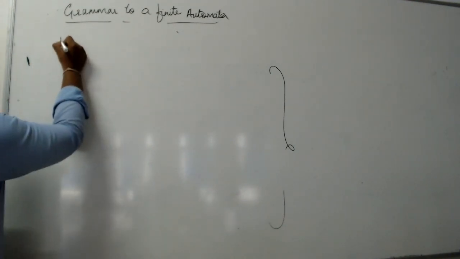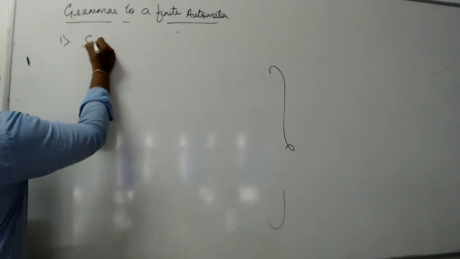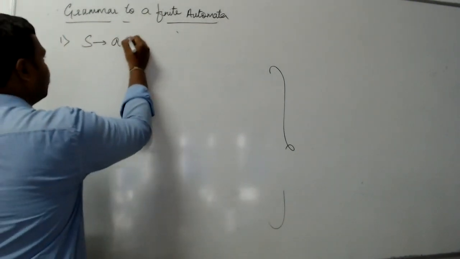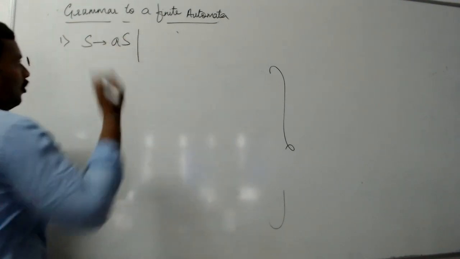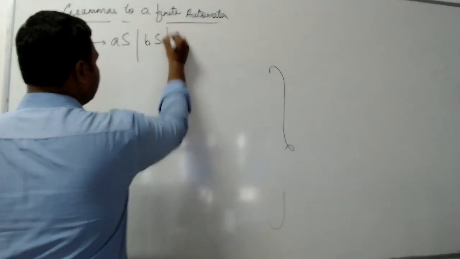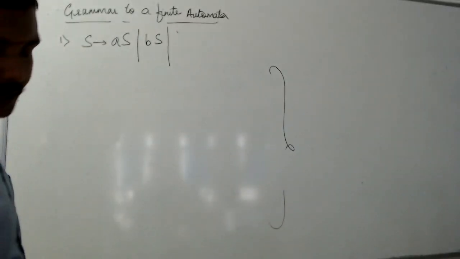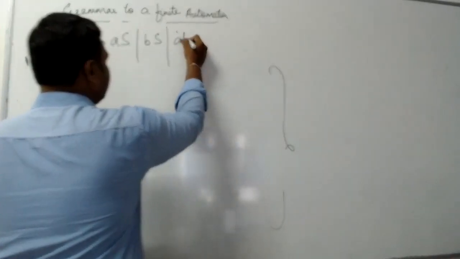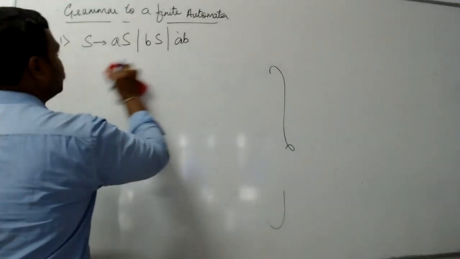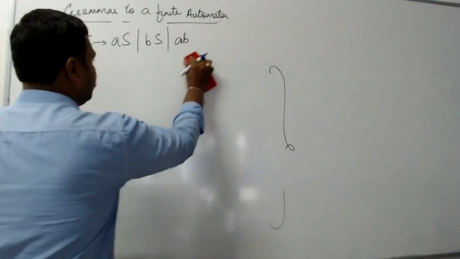So you got a grammar: S tends to aS or S tends to bS or ab. So this is the grammar that is given. Now we need to try to solve according to the given procedure.